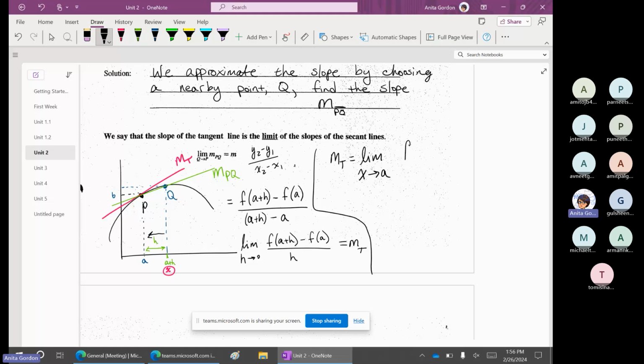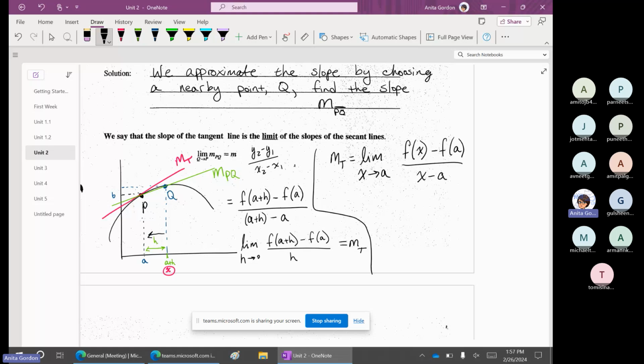And then my height would be the function at X, some new number, minus the original function at A, my original point, over X minus A. So there's 2 different ways to write it.